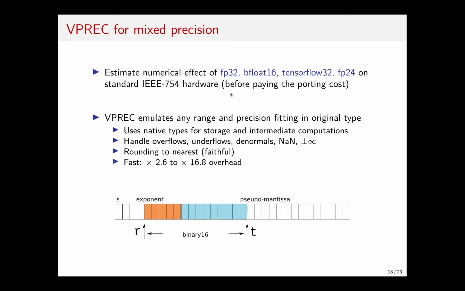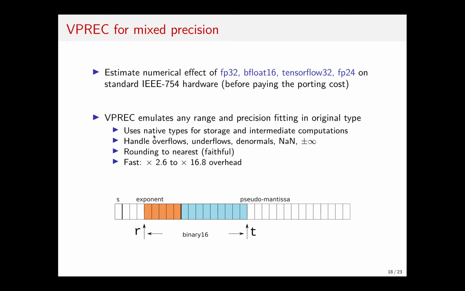We don't need to port the code to a GPU. We don't need to change all the data types to use single precision. So it's very quick once we compile it with VerifiCarlo, and it allows us to see the effect on accuracy of moving to a lower precision. And this is important if we are exploring the trade-off between energy and precision.